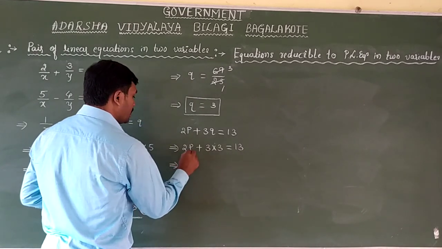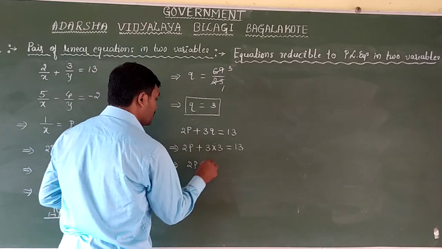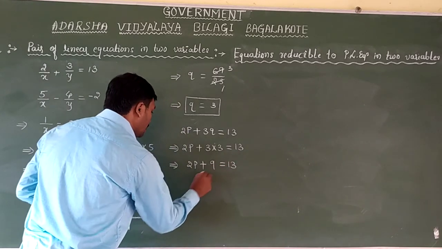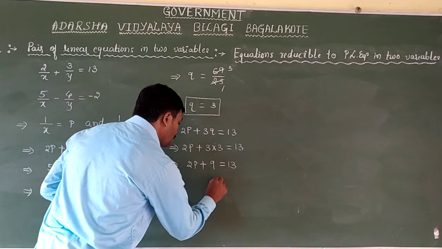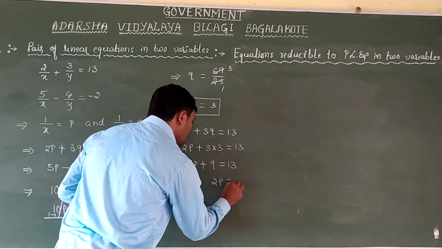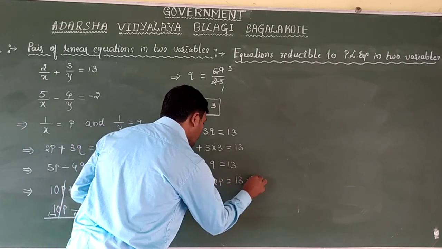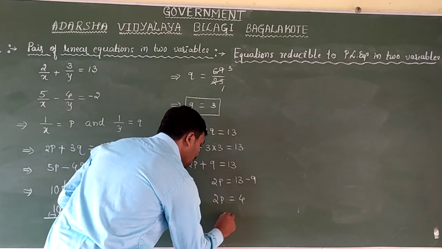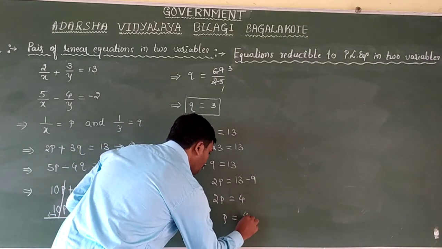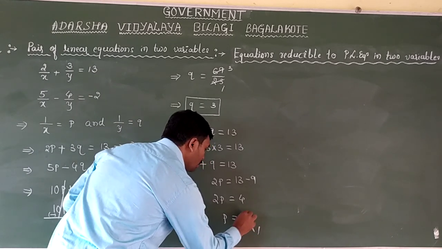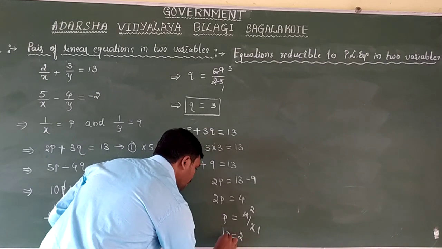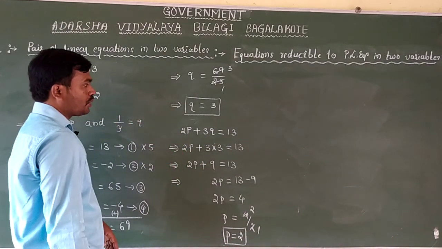So 2p plus 9 is equal to 13. So 2p is equal to 13 minus 9, so 2p is equal to 4. So p is equal to 4 by 2, 2 ones are 2, 2 twos are 4. So p is equal to 2, children. p is equal to 2.